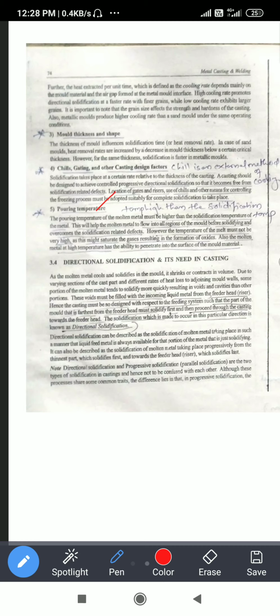Then, the solidification which is made to occur in a particular direction is known as directional solidification.